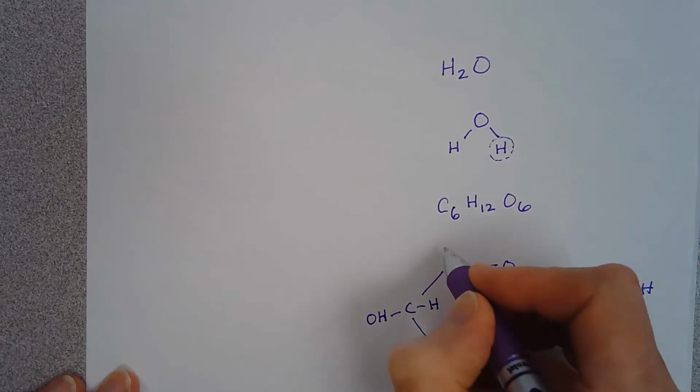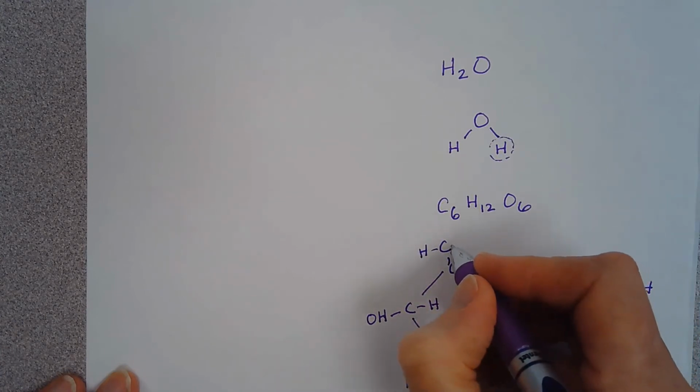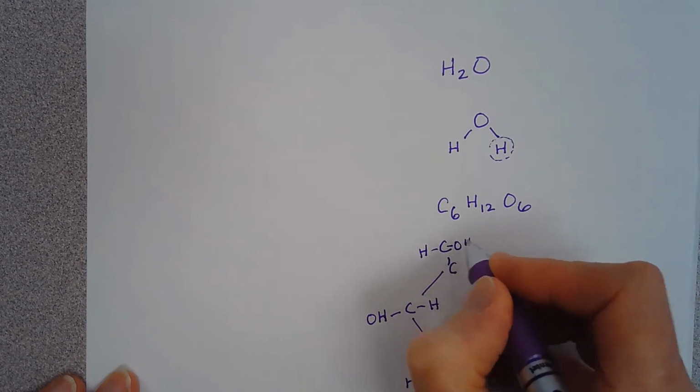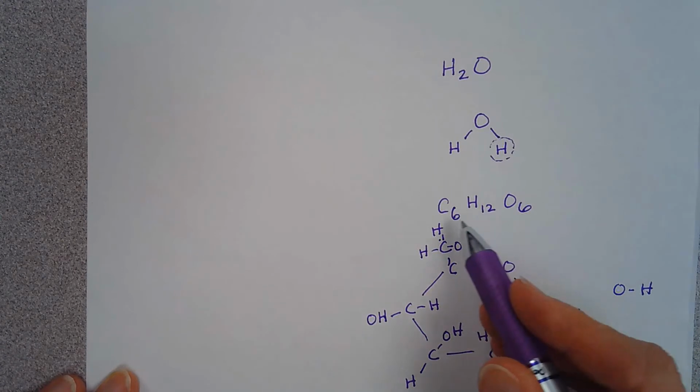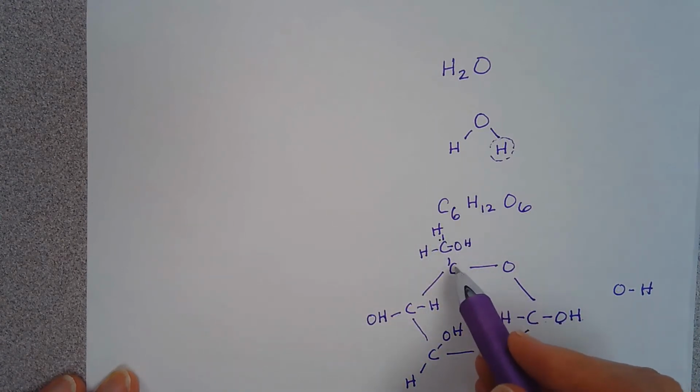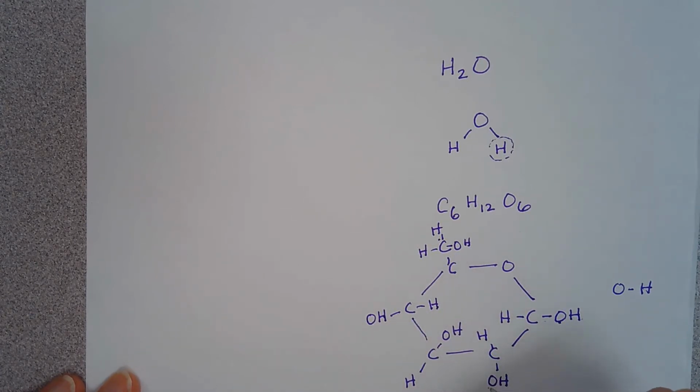And then finally over here, we've got 1 more carbon connected to a hydrogen and an oxygen and a hydrogen and another hydrogen. So this is giving you a sense of what that molecule looks like. It's a ring shape, and it's based of carbons with hydrogens, and then on these carbons we have either a hydrogen or another oxygen hydrogen called a hydroxyl group.